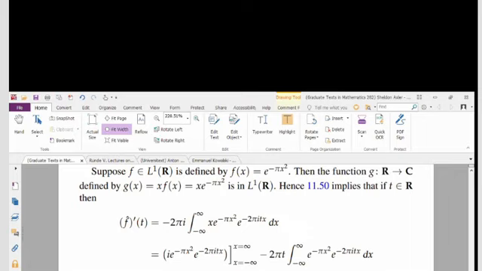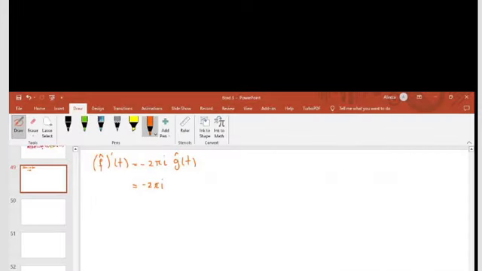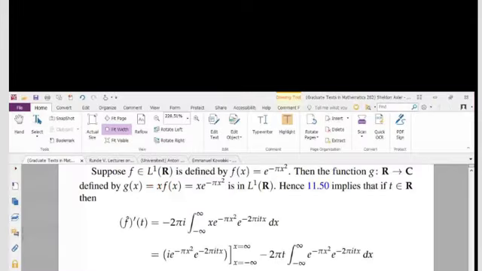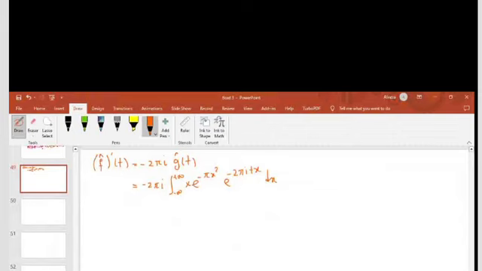This integral of x e to the power minus p x squared, okay, and we have this x f of x, okay.